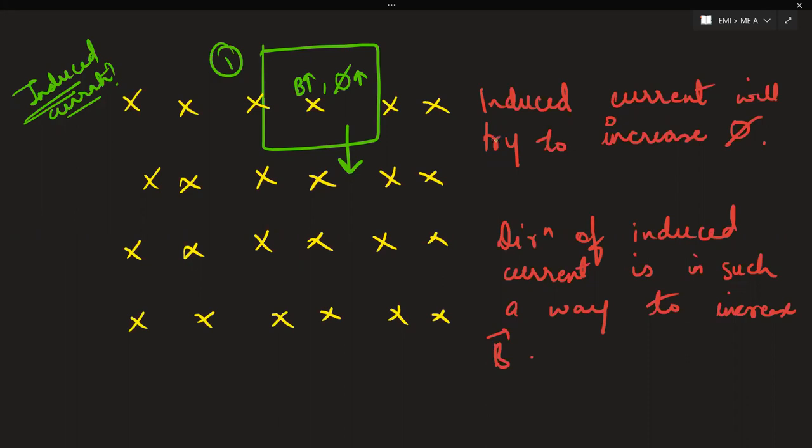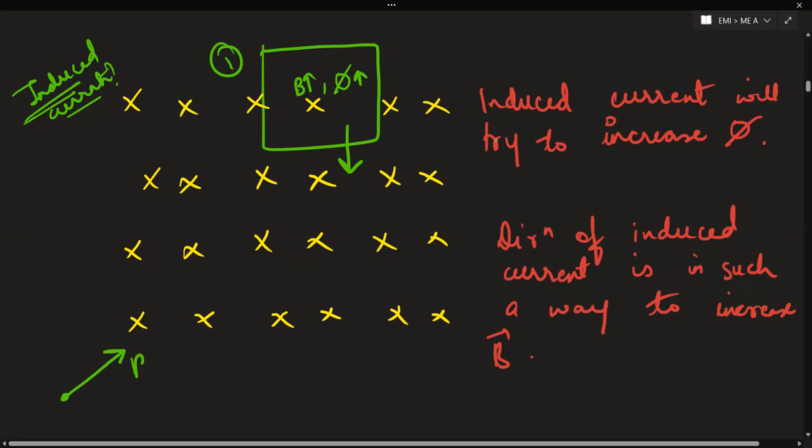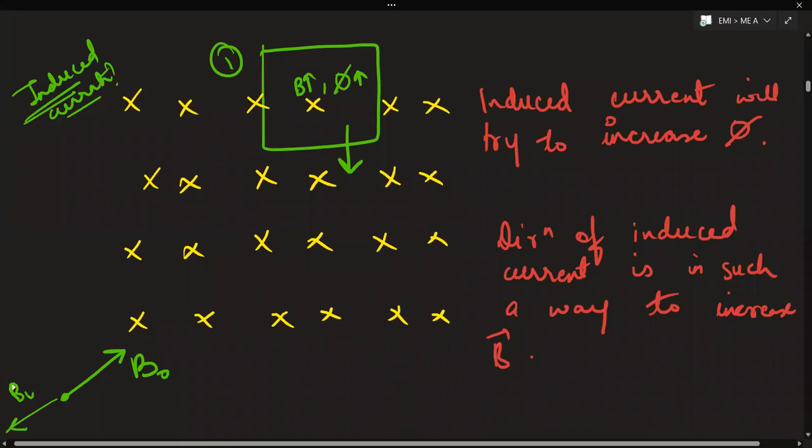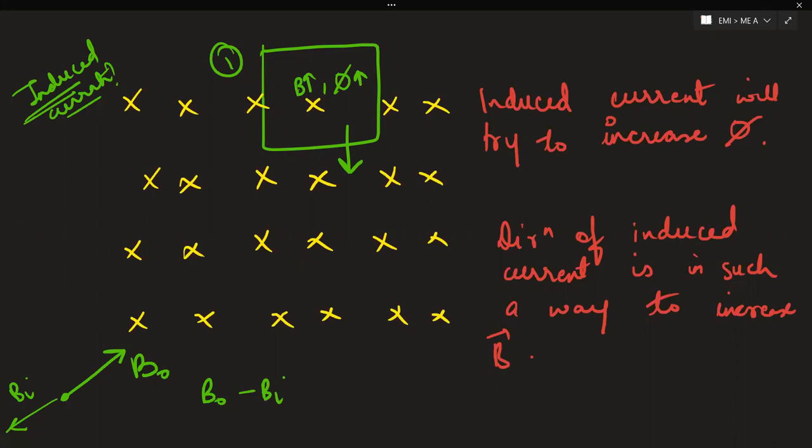Understand this carefully: if the original magnetic field lines are pointing inside into the page, and somehow the induced magnetic field is produced outwards, then the net magnetic field will be the difference of these. If two vectors are in exactly opposite directions, we subtract the vectors. So the magnetic field will decrease.